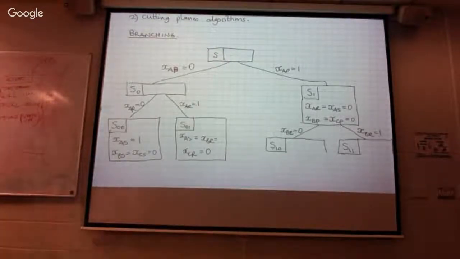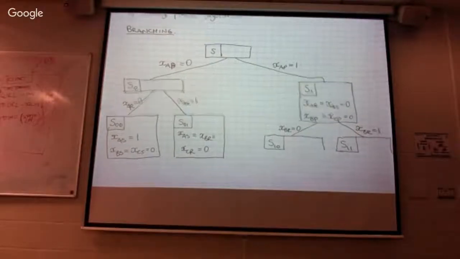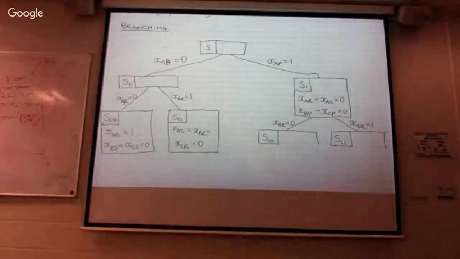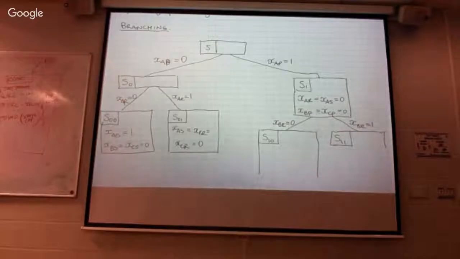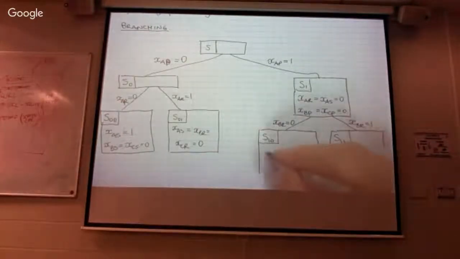Okay, now we haven't finished this branch yet. So if XBR is 0, now XAR is 0, so XCR must be 1, I think.